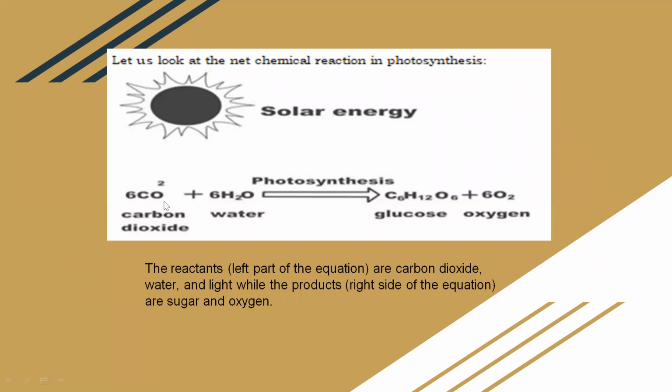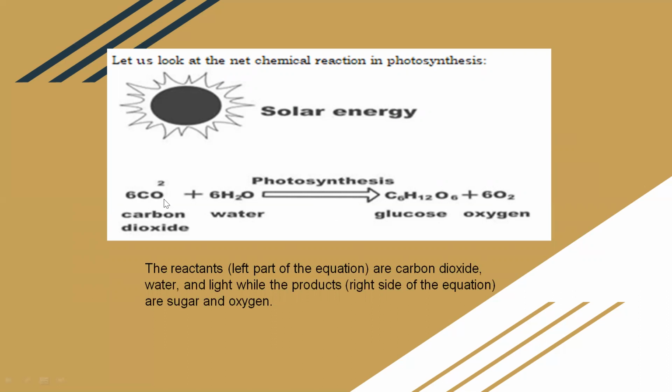How many carbon do we have on the left side, in the reactants? We have 1 carbon times 6, that would be 6 carbon. Now, in the products, it must have 6. Only 1 carbon is here, so 1 times 6, or we have 6 carbon. So we have 6 carbon, equal.